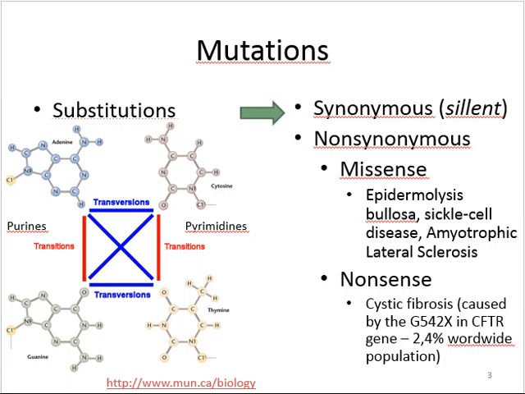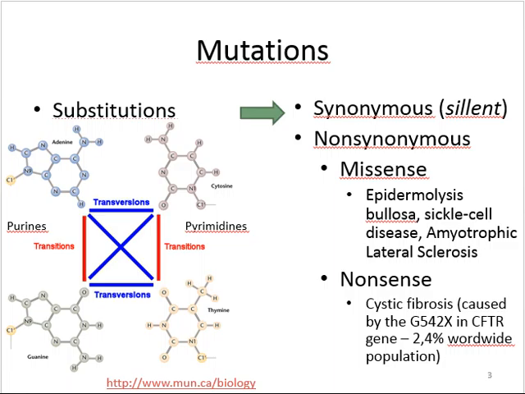The same occurs changing an adenine for a guanine because they're both purines. So they have the same size and they will have the same type of binding. So this is called transition.